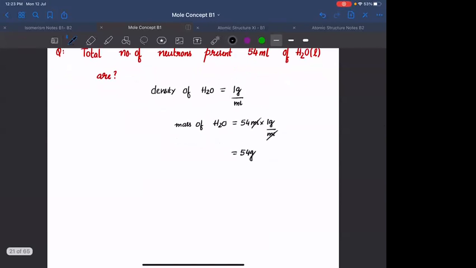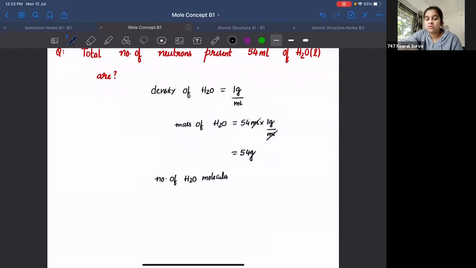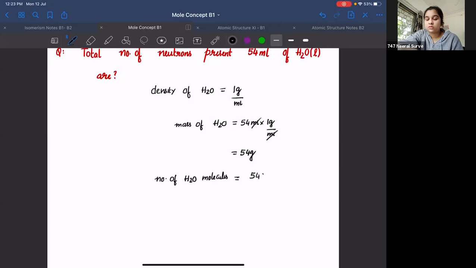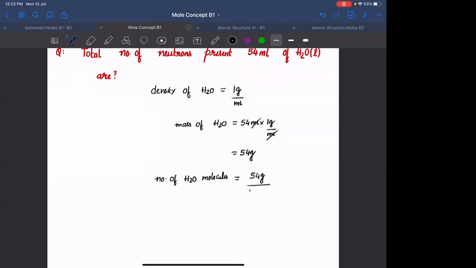Tell me the number of water molecules. Three moles. What is the formula for number of molecules? It is nothing but sample mass upon molecular mass. What is the molecular mass of H2O?